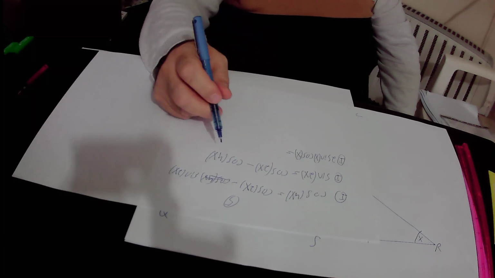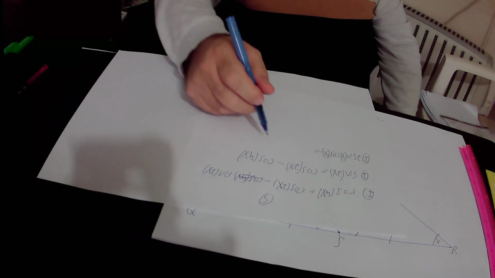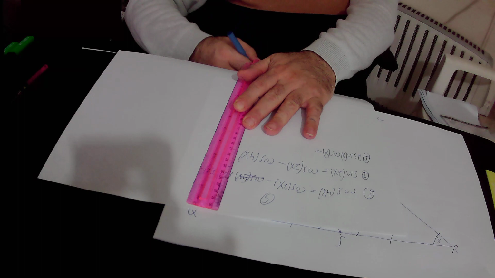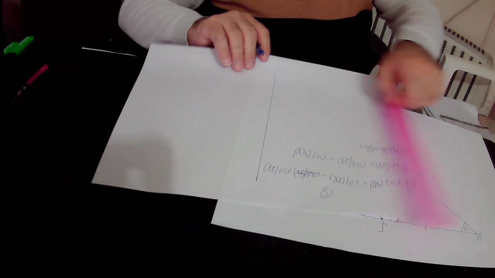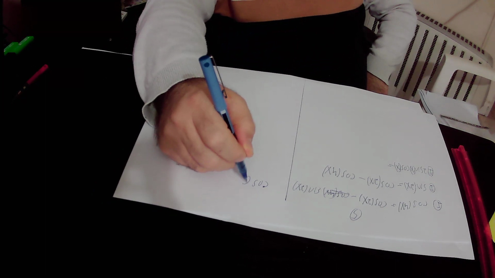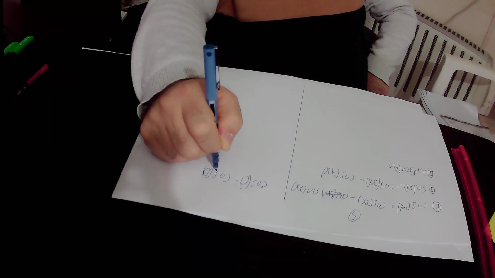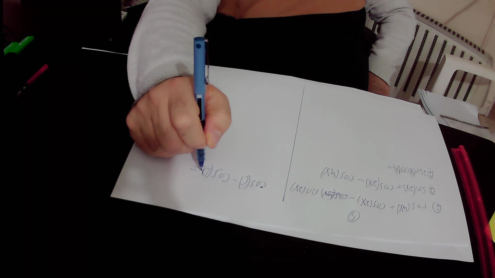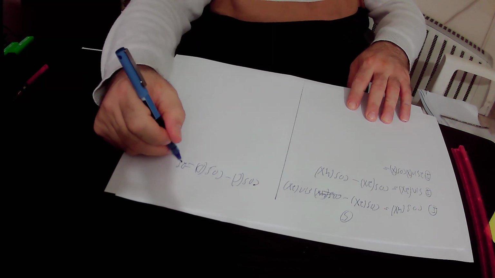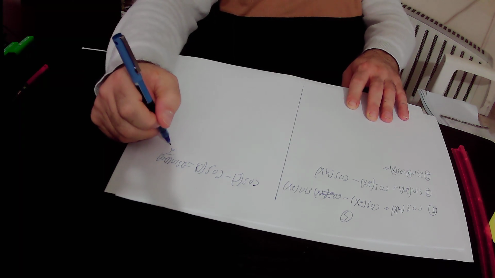So we have cosine 2x minus cosine 4x. We will use the trigonometric identity that states that cosine C minus cosine D equals 2 sine (D plus C) over 2 times sine (D minus C) over 2.